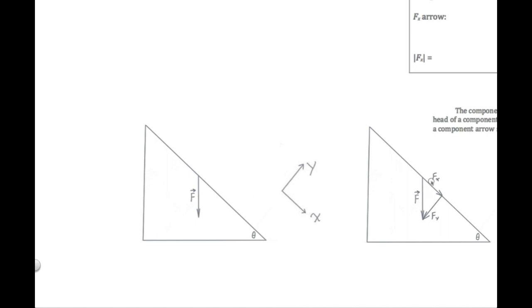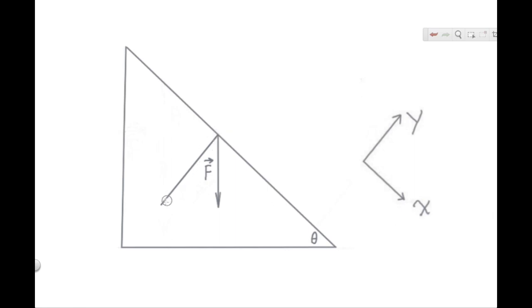Well, remember that in this case, we drew a leg parallel to the x-axis through the tail of the overall vector. From the tail of the overall vector, we drew this leg parallel to the x-axis. The alternative is that through the tail of the overall vector, we can draw a leg parallel to the y-axis. So in this case now, through this point, I'll draw a leg parallel to the y-axis.